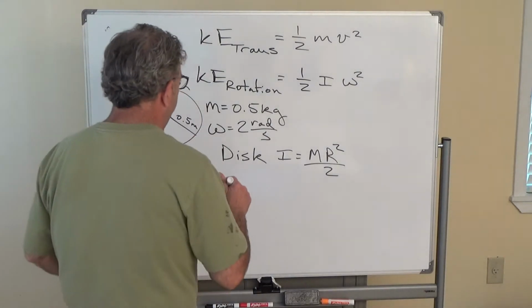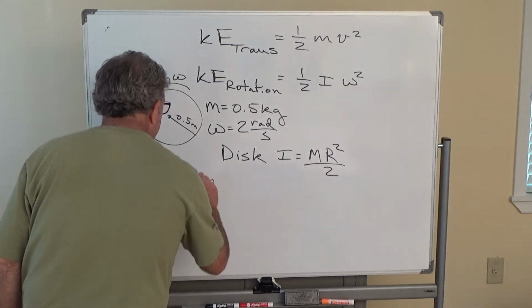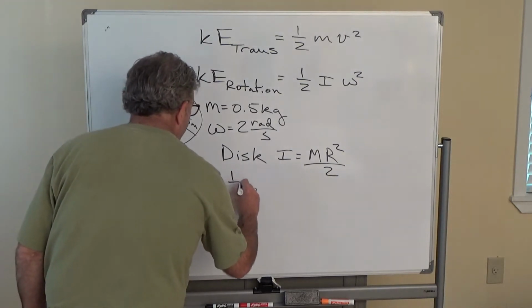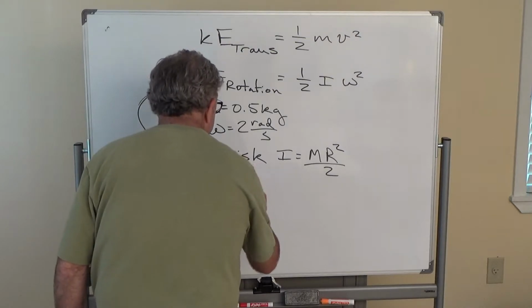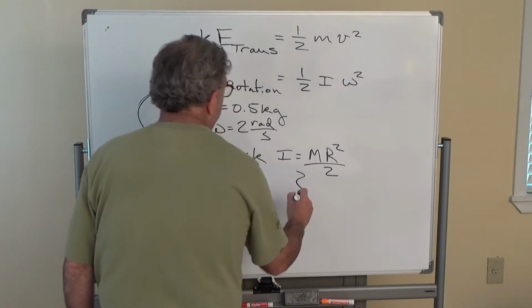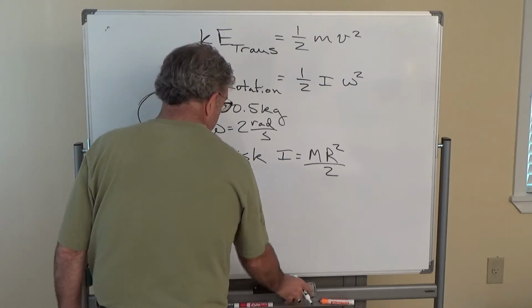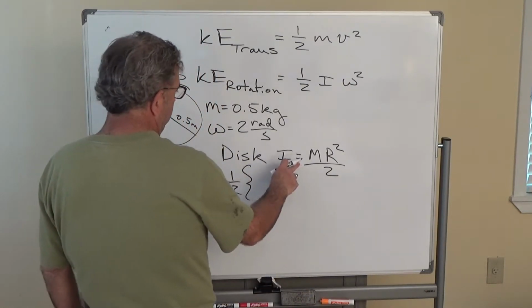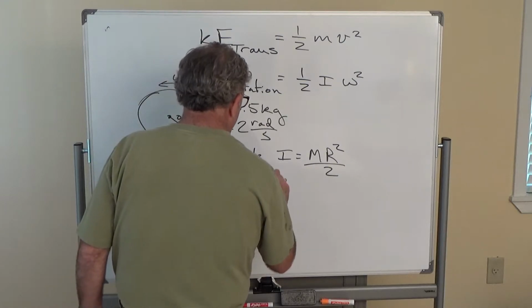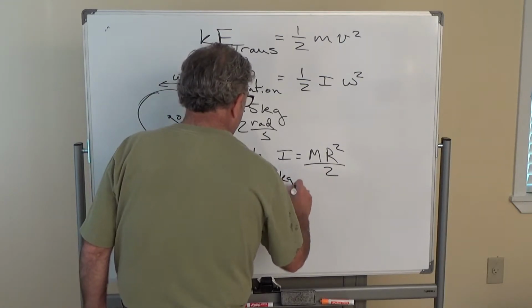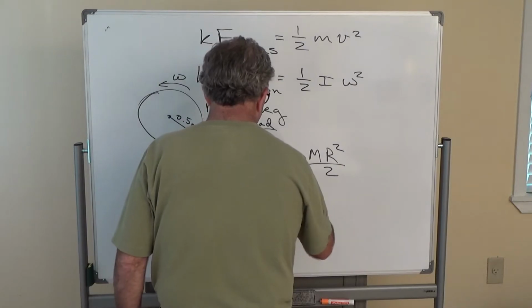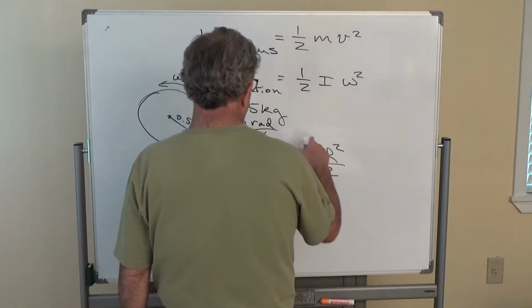So I'm going to plug in the numbers. Kinetic energy is equal to 1/2 times that moment of inertia, which is 0.5 kilograms times r squared.